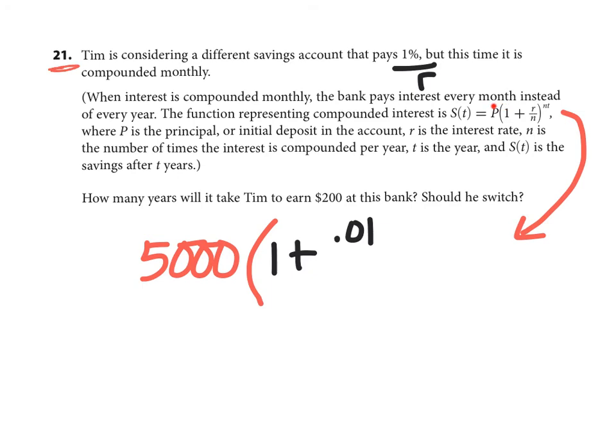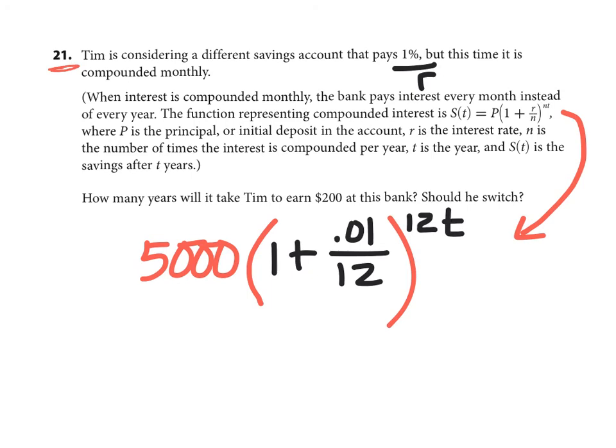Well, if it's monthly, then N would be 12 because there are 12 months in a year. So that becomes 12 times N, which again is 12, to the T, which is what we're looking for, how long it would take.